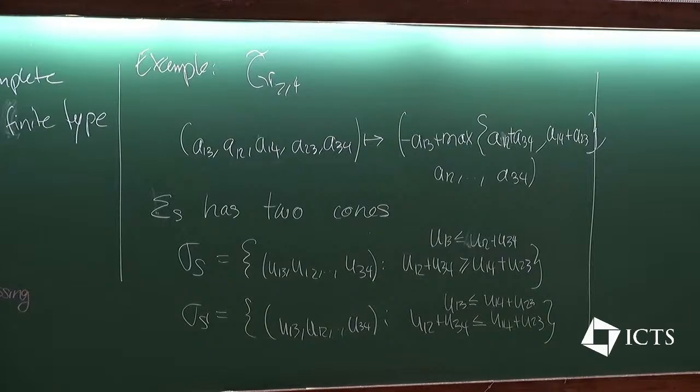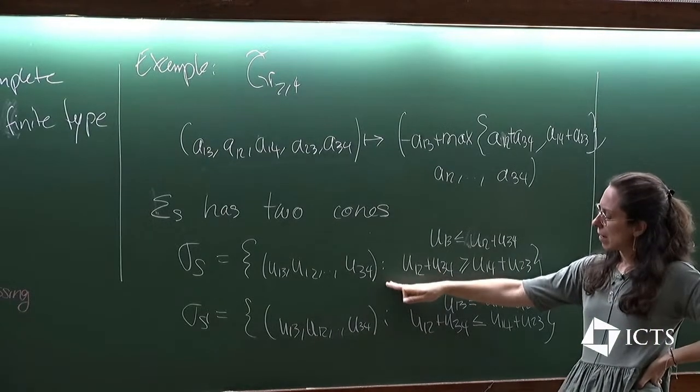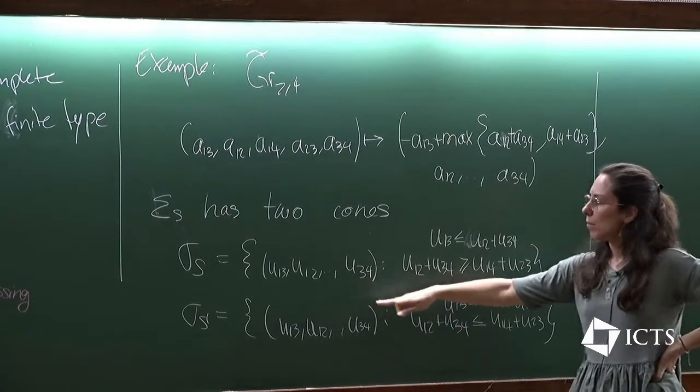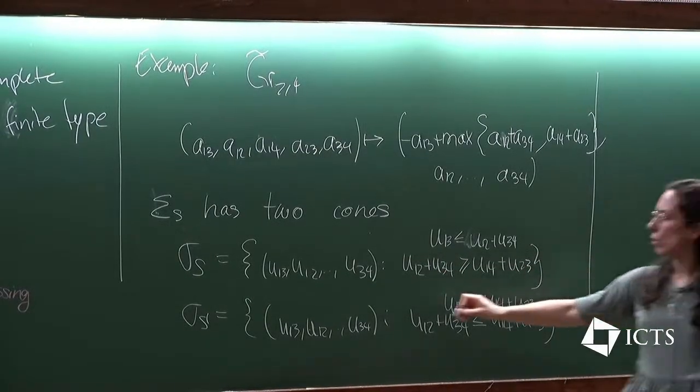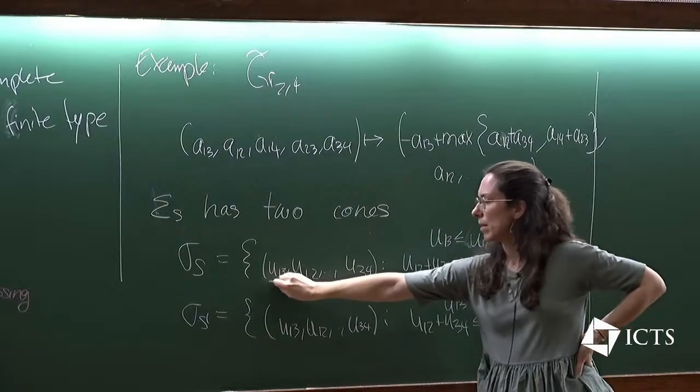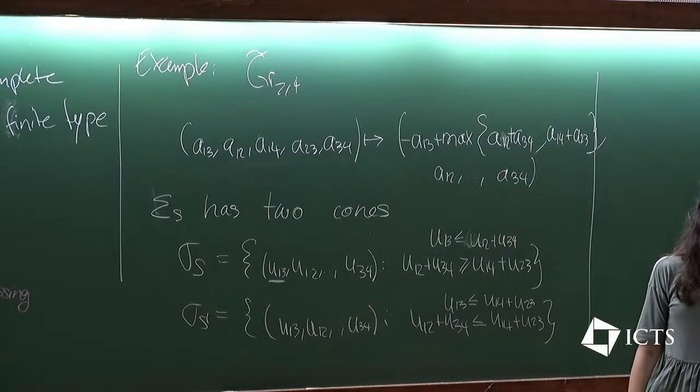And I want to allow my frozen, so I think the best way to now see this as a complete fan is when I take a quotient and just go to this one-dimensional space spanned by the first variable.